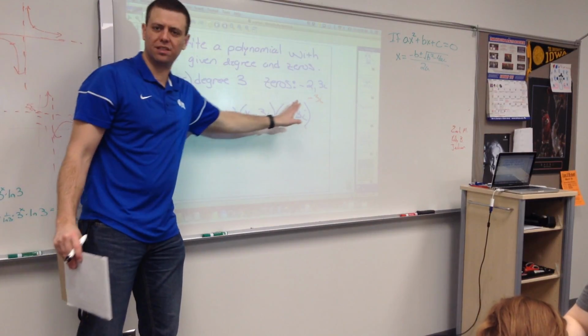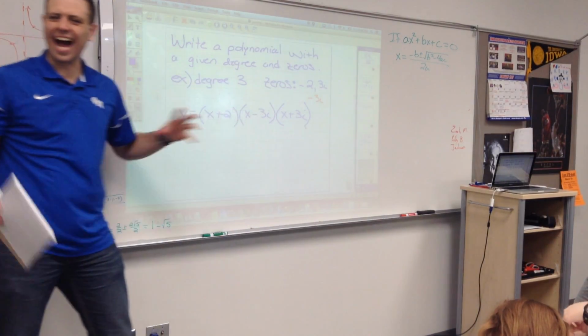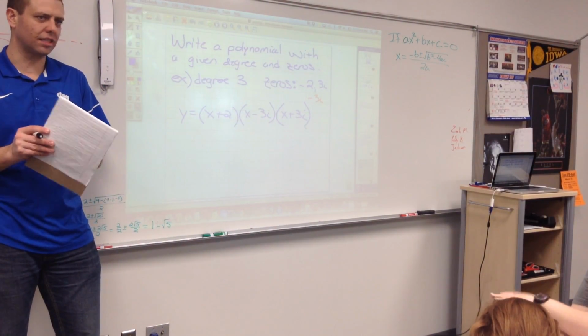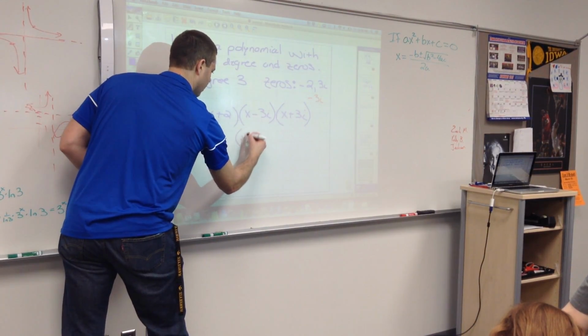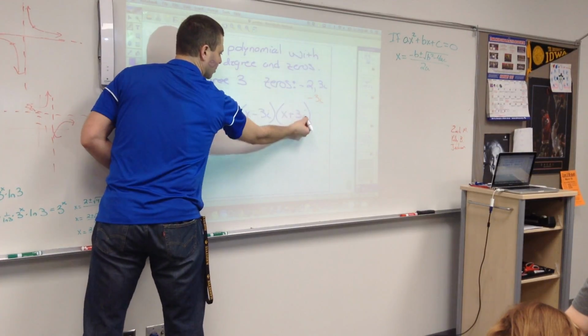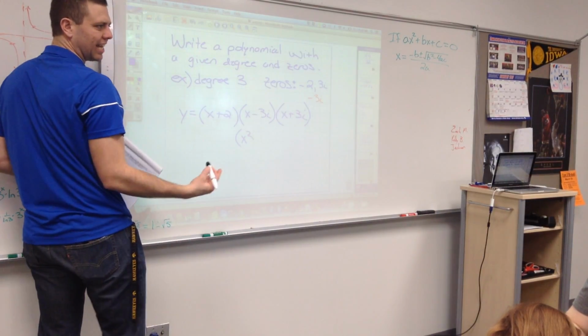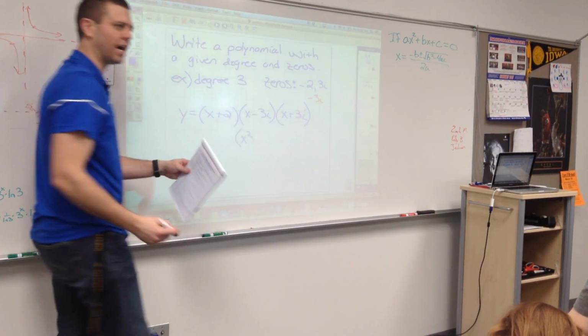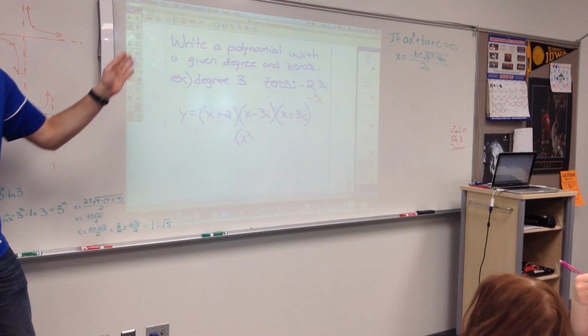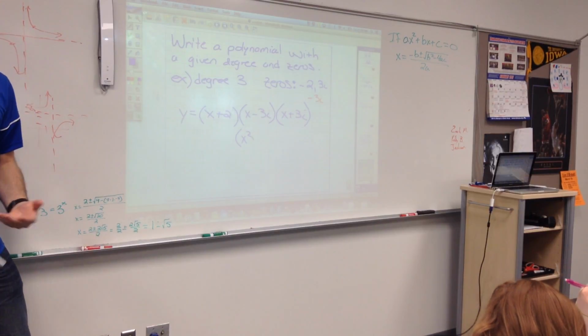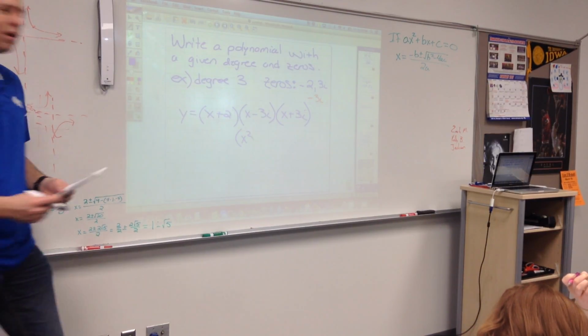When I do this, I always multiply the ones with the i together, the ones that are pairs. I get x squared plus 3ix minus 3ix, they cancel each other out, and then I get minus 9i squared, which is actually plus 9, because i squared equals -1.